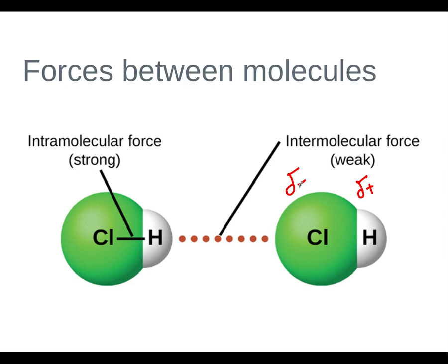The negative of one HCl is attracted to the slight positive of the other, and that attraction creates an intermolecular force. The stronger that is, the higher the boiling point. Now, some molecules don't have anything like that. If I think about just H to H, there's no reason to expect any imbalance of the electrons, so neither side should be more negative than positive.